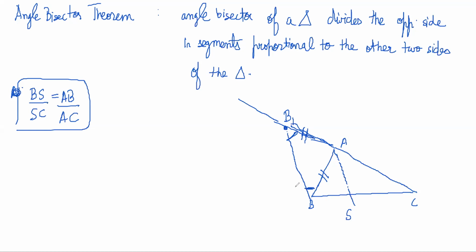We have to prove somehow that SA is parallel to BB1. If we can prove that SA is parallel to BB1, it will be Thales theorem: CS by SB is equal to this by this.